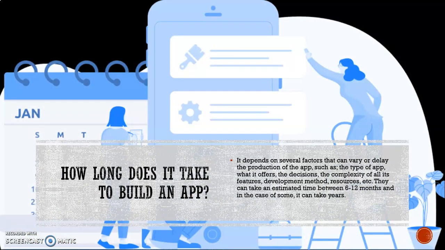So how long does it take to build an app? It depends on various factors, like we have to analyze what we need. For example, on average, it is between 6 and 12 months that an app can be completely done, or in some cases, the app can take years and years.